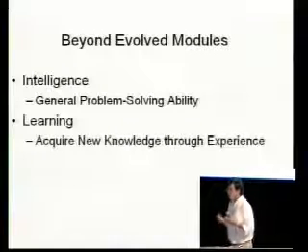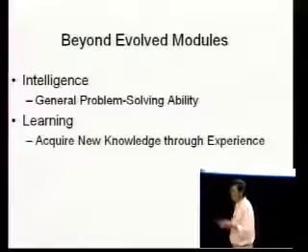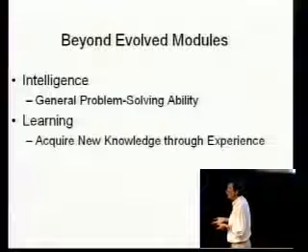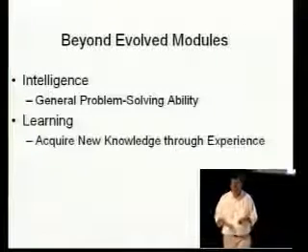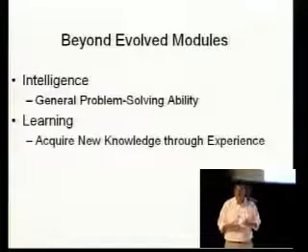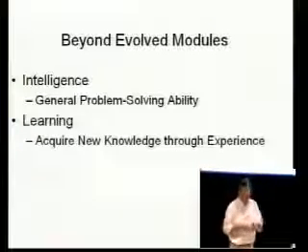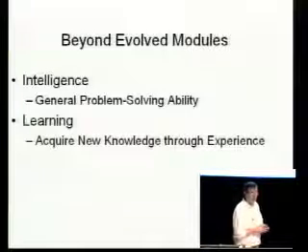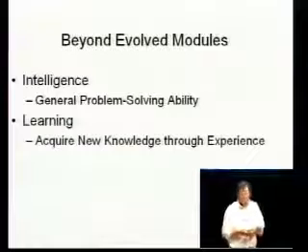We can't rely simply on innate mental modules in order to get along, in order to survive in new environments, in order to adapt the environments that we encounter to us. We have to be able to acquire new knowledge. And we do that by virtue of a process that we're going to discuss next time, called learning, by which we can acquire new knowledge through experience.